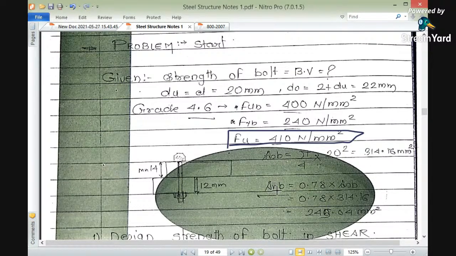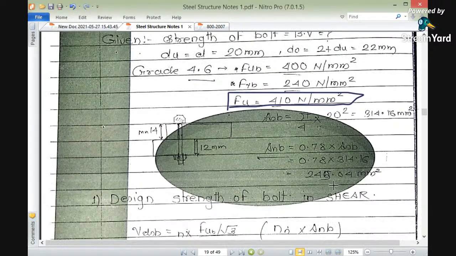A_nb, the area of the threaded portion, is 0.78 times the area of the shank portion, because the threaded portion has less area. It is 78% of the shank area, 0.78 A_sb, which comes to 245.04 mm square.